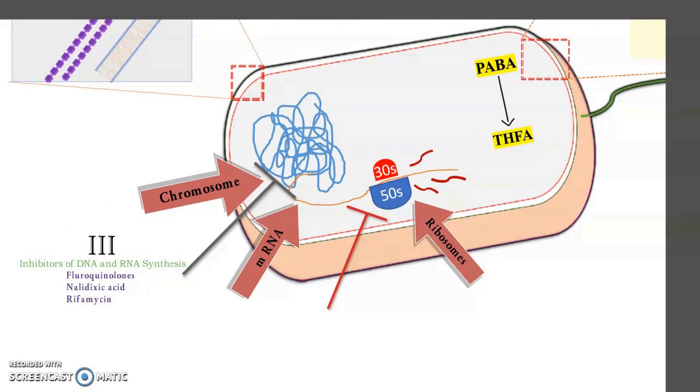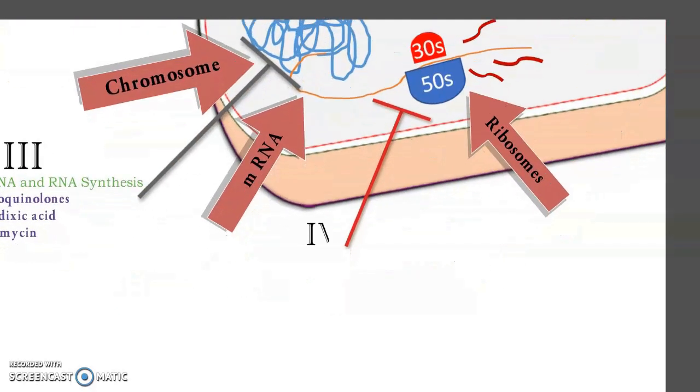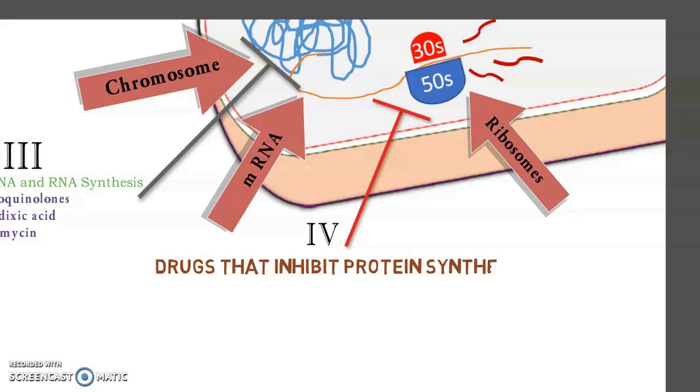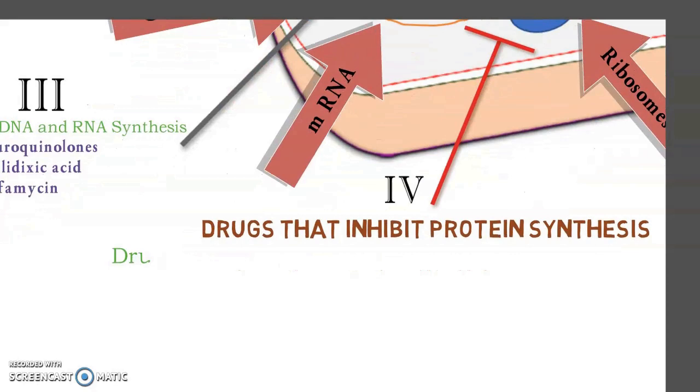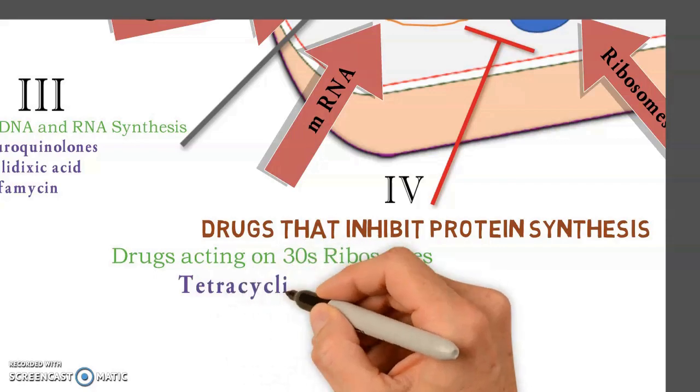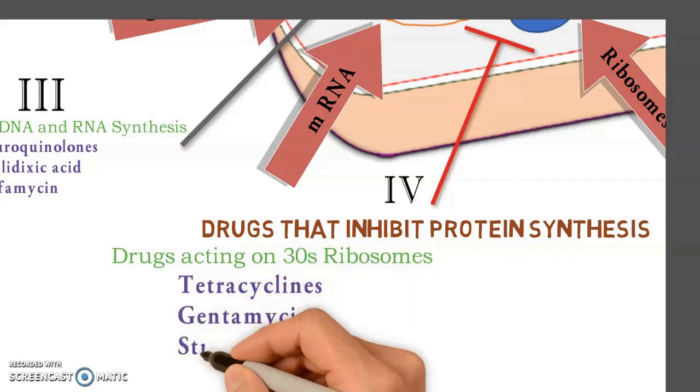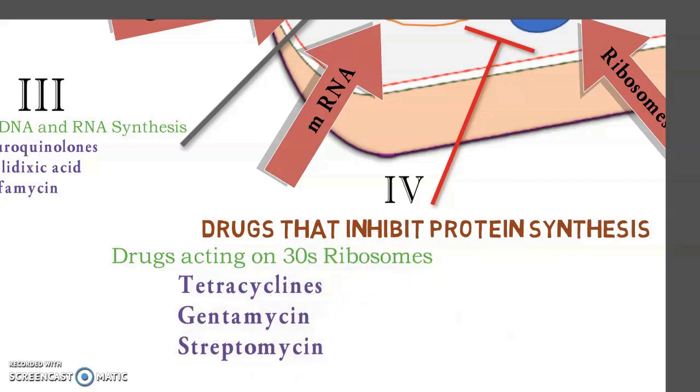The next type of drugs are the drugs that inhibit protein synthesis. We all know that proteins are essential for the maintenance of life. We'll be using certain drugs which will not allow the synthesis of proteins. To be more precise, we'll be using drugs which act specifically on 30S subunits of ribosomes, which include the examples of tetracycline, gentamicin, and streptomycin.